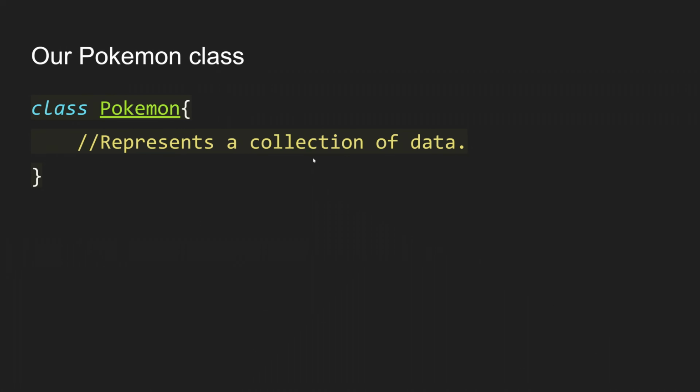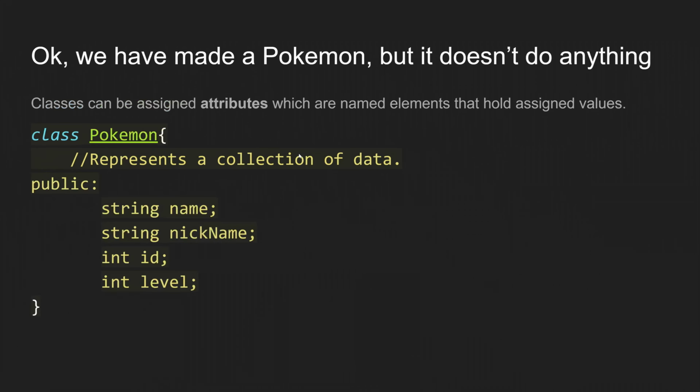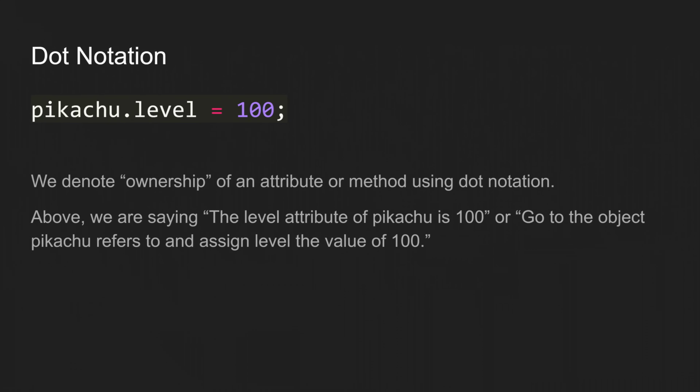Now those attributes, what are they? Say you made a Pokemon and you've set up your class. The attributes are your variables. They're named elements that hold assigned values. Their whole job is to represent what the class is. What data is it collecting? So again, dot notation.